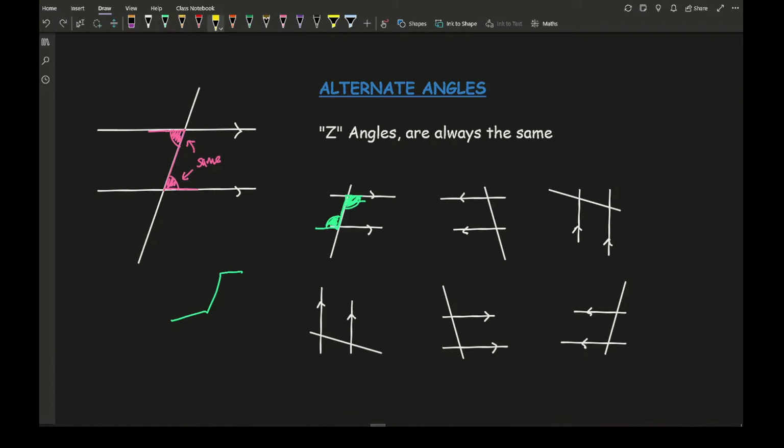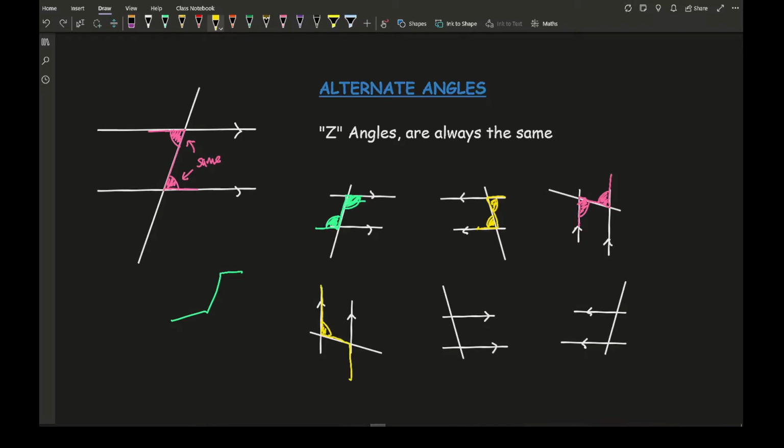If I look at the next question, I can draw a Z. So again, more formally there. So these two angles would be the same. In the third diagram, I can draw a Z like so. So again, this angle will be the same as this angle. On the fourth diagram, I can draw a Z that looks like this.